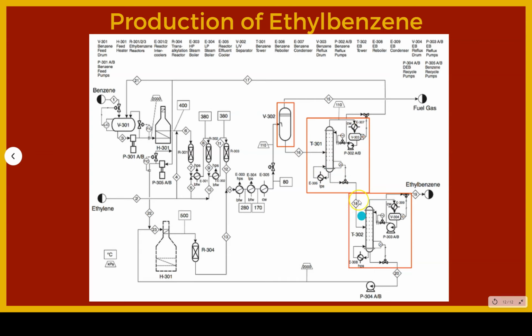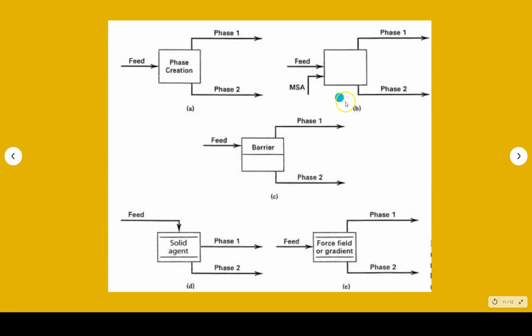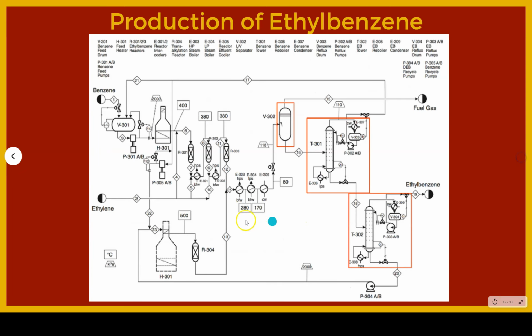And T302 is an EB tower, ethyl benzene tower. This is the distillation column. So you can see the difference between the representation in your block flow diagram and your PFD.